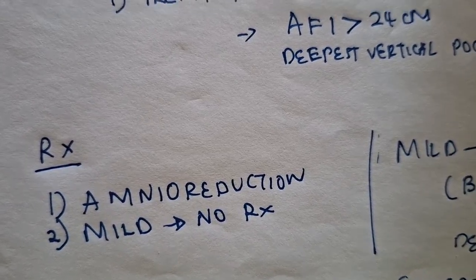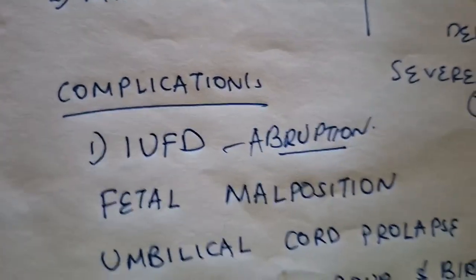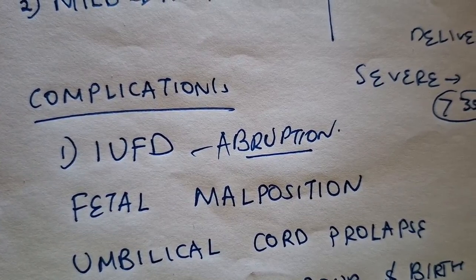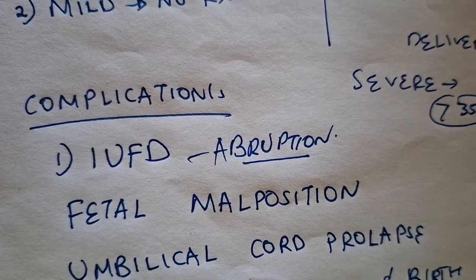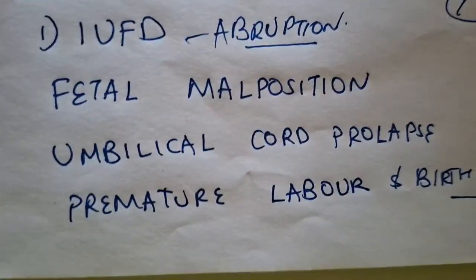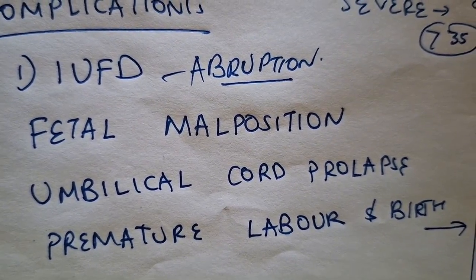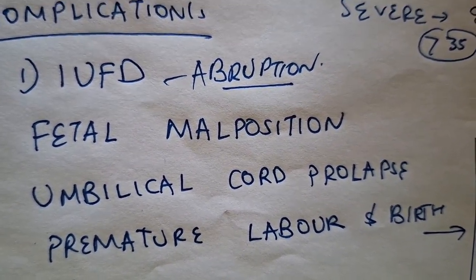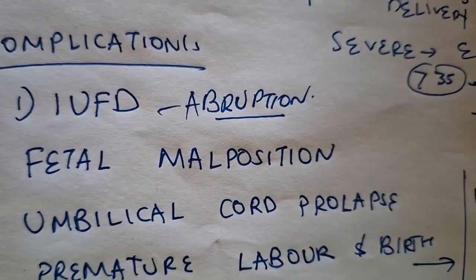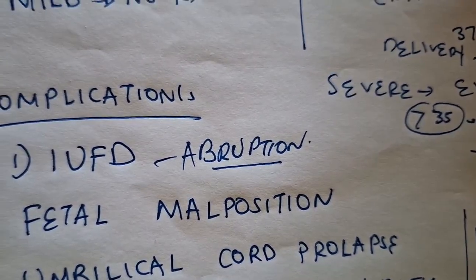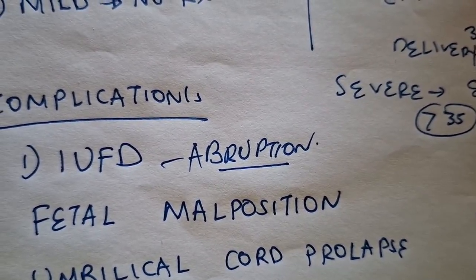Some of the complications that we are worried about is that because of the increased intrauterine pressure, this may lead to premature labor, and this premature labor can also lead to abruption. We are having abruption where the placenta is detaching from the endometrial wall, which can lead to intrauterine fetal demise.